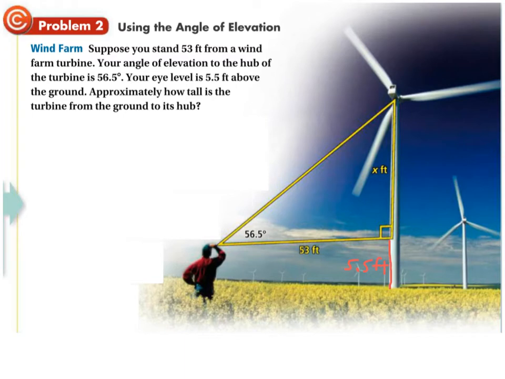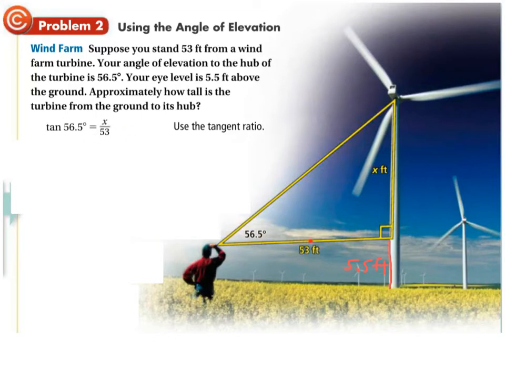So what do we have for this measure? You are talking about this angle, so you have the side adjacent to it and the side opposite. Opposite and adjacent uses the tangent ratio, so you say the tangent of that angle, 56.5 degrees, equals the opposite side, x, over the adjacent side, 53.